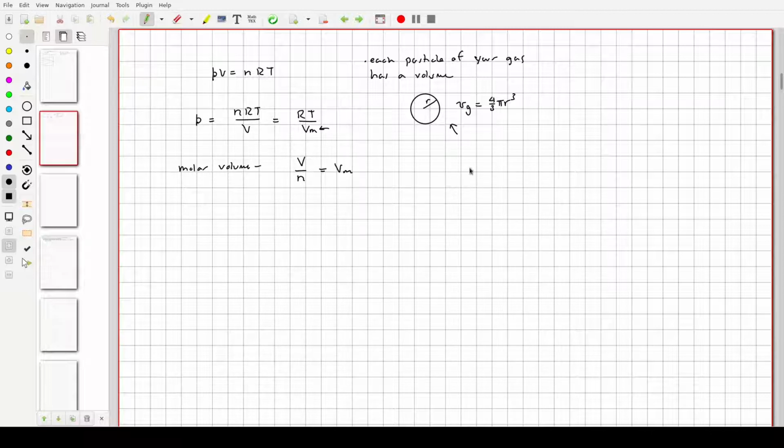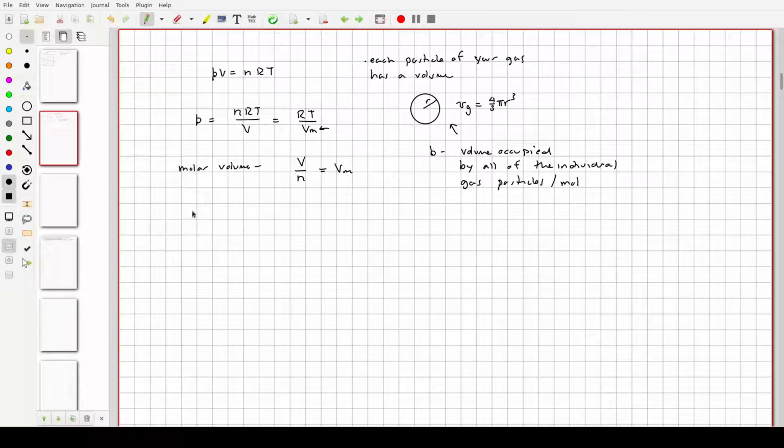We're just going to call that amount B. So B here would be the volume occupied by all of the individual gas particles per mole, because I wanted to have the same units as this.